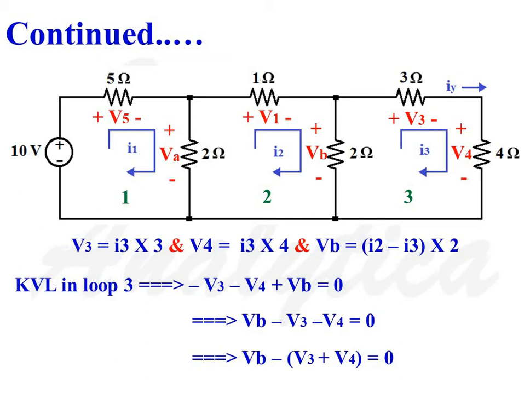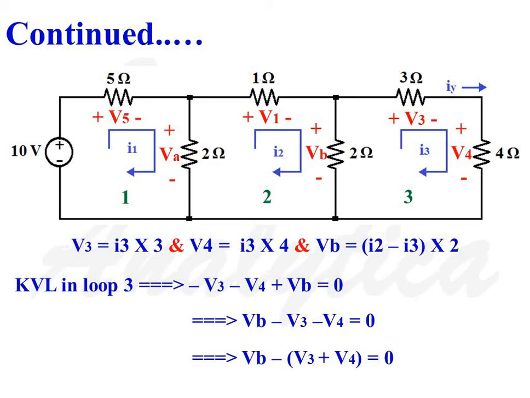The next term which comes in the loop is V4. Moving in the clockwise direction, as we move from positive potential to negative potential, V4 should be taken as negative, minus V4. Next term in the loop is VB. In the clockwise direction, as we move from negative potential to positive potential, VB should be taken as positive. So applying KVL, we will get minus V3 minus V4 plus VB is equal to 0.